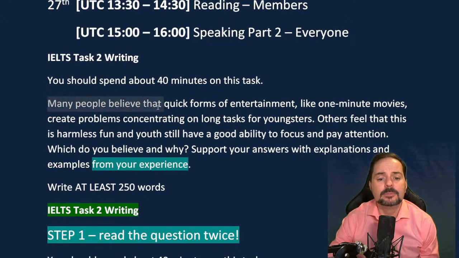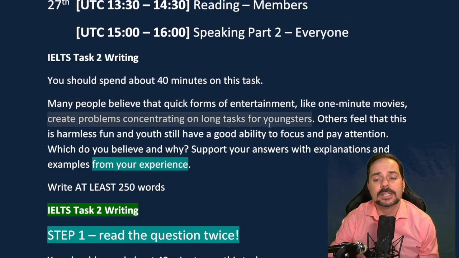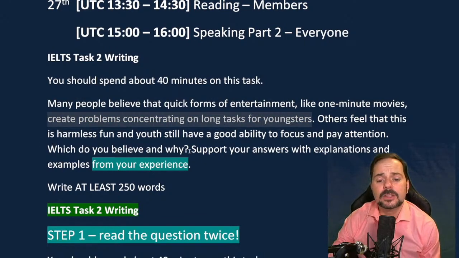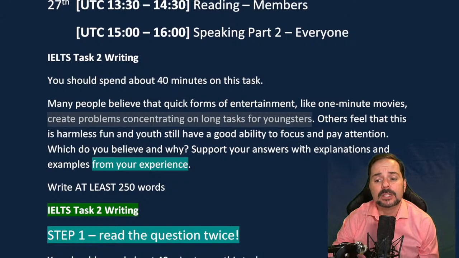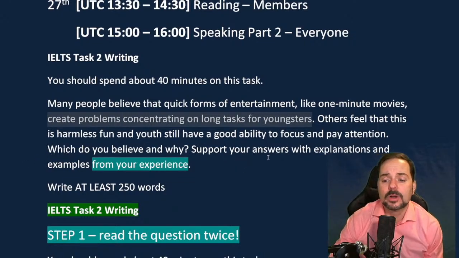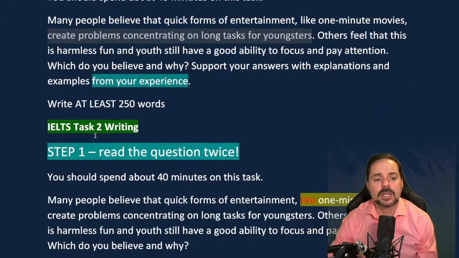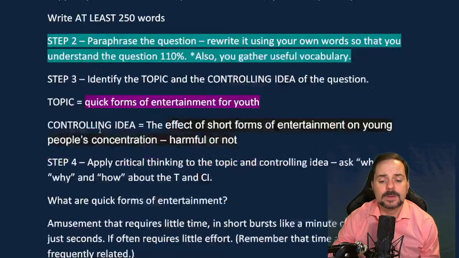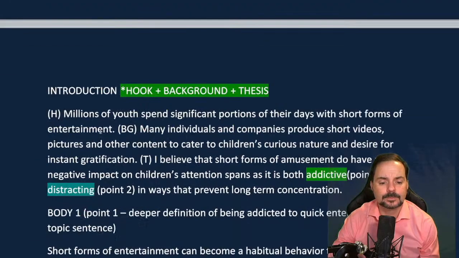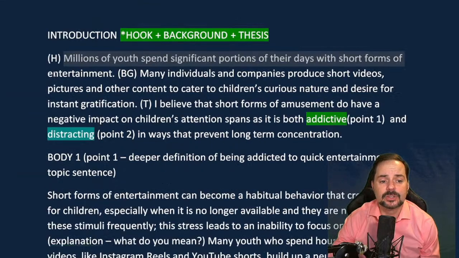Okay, so many people believe that quick forms of entertainment like 1-minute movies create problems concentrating on long tasks for youngsters. Others feel that this is harmless fun and youth still have a good ability to focus and pay attention. Which do you believe and why? Support your answers with explanations and examples from your experience. Millions of youth spend significant portions of their days with short forms of entertainment.